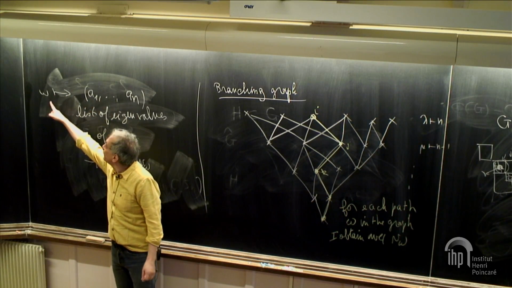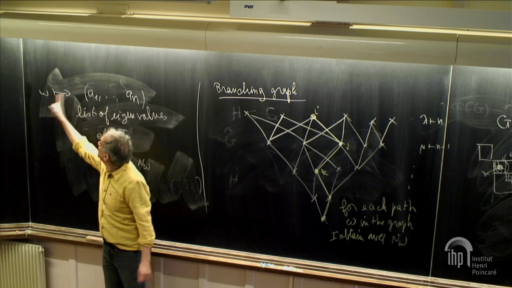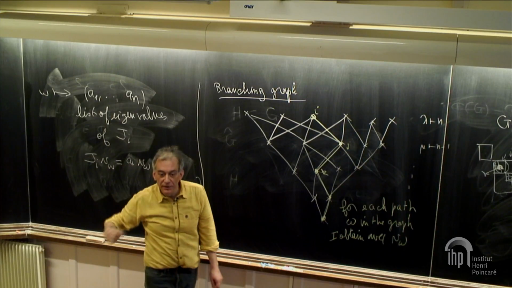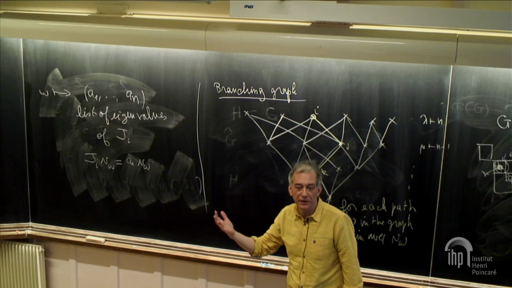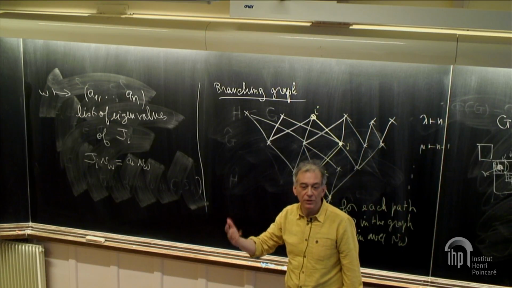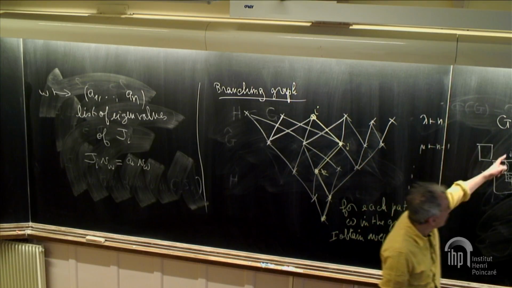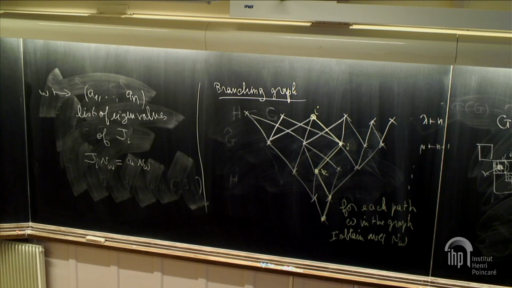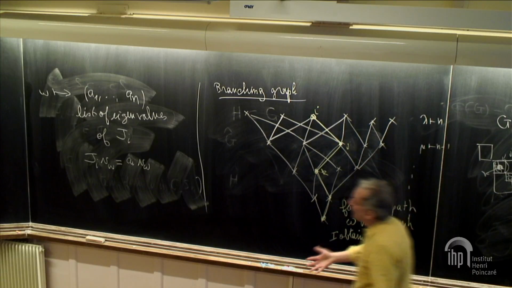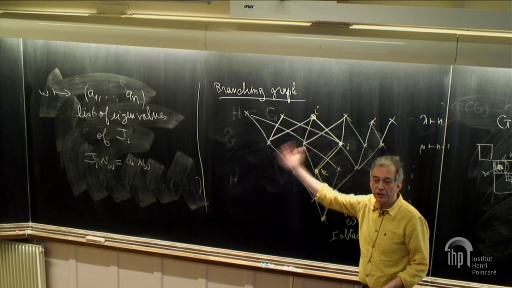Because if two omegas corresponded to the same list of eigenvalues, then I would not be able to distinguish the two vectors using just the operators Ji. This means that the algebra generated by the Ji would not be equal to this maximal abelian algebra. So you can parameterize your vectors either with paths in this graph or with the list of eigenvalues.